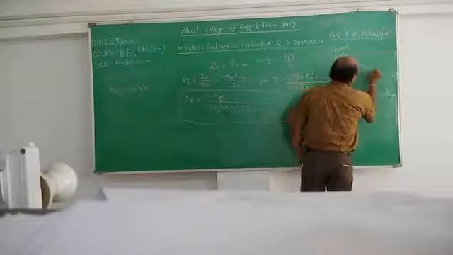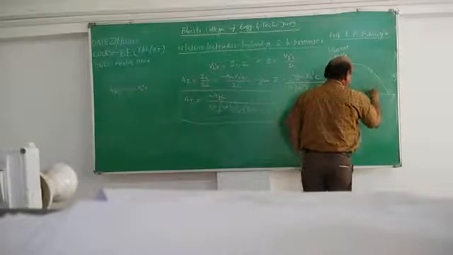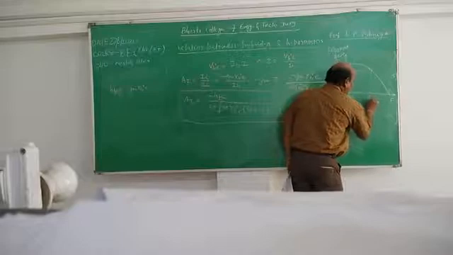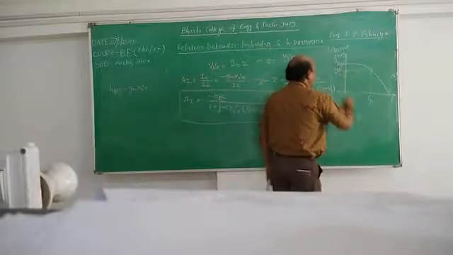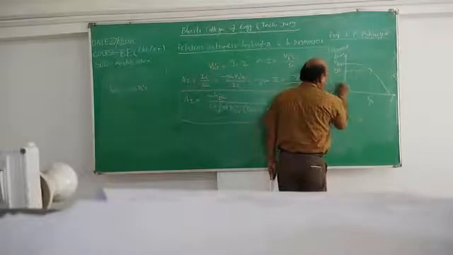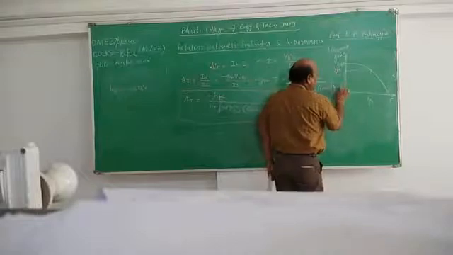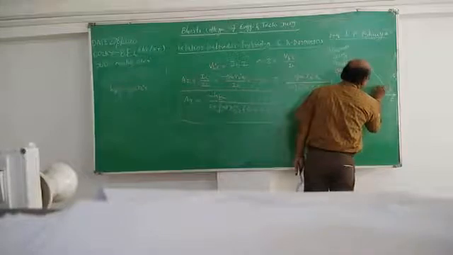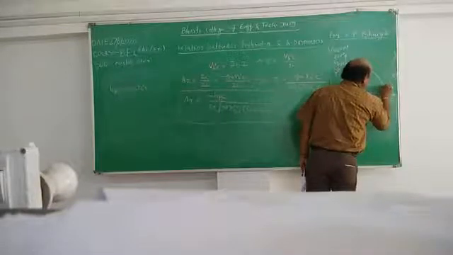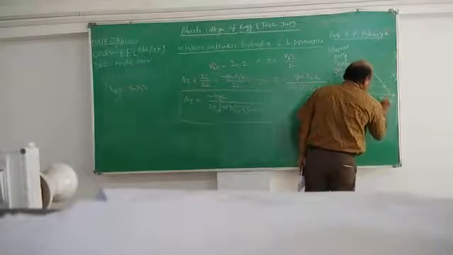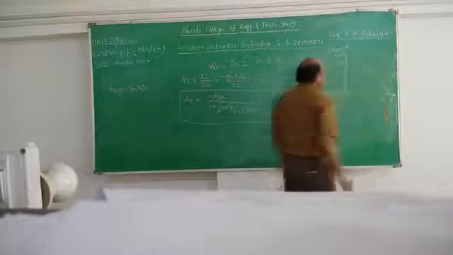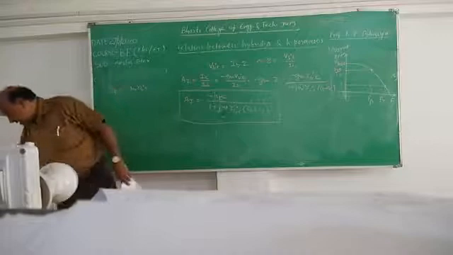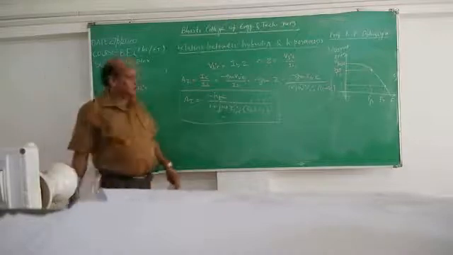I will mark the line here, and I will get the frequency here. This frequency is called f beta. When the gain becomes equal to 1, whatever frequency I get here, this frequency is called fT, the transistor frequency. So this is the characteristic and the relation between f beta and fT, the transistor frequency, and beta.